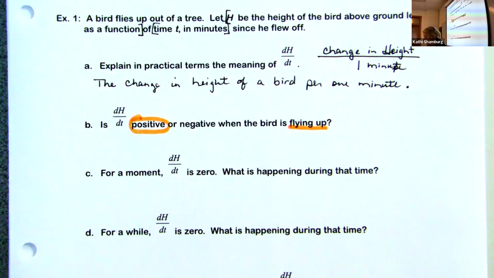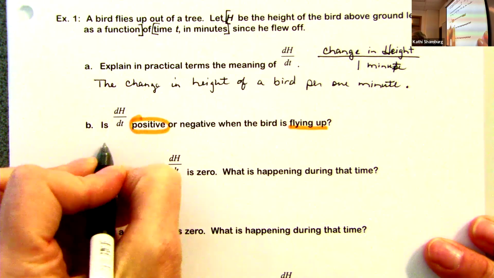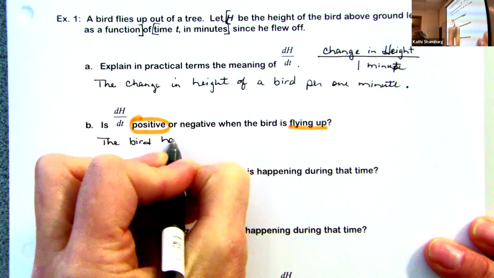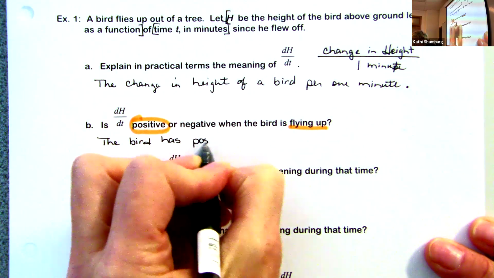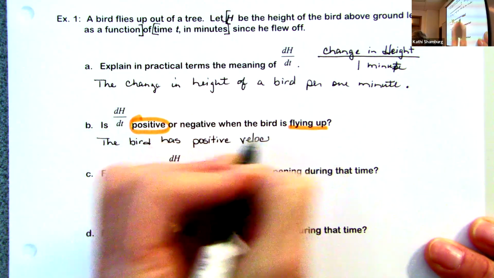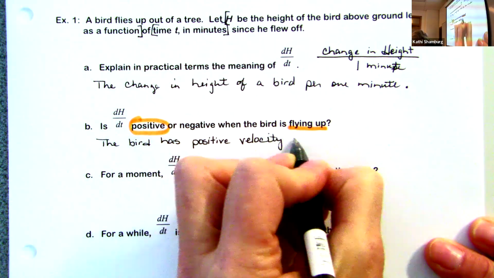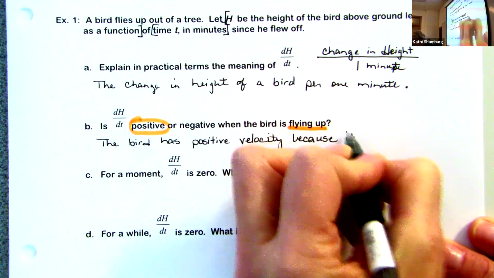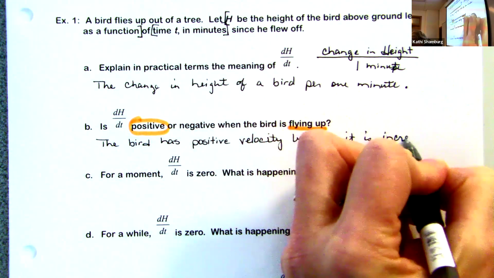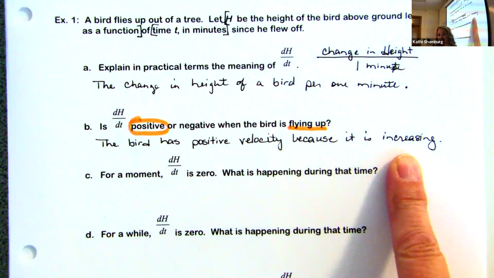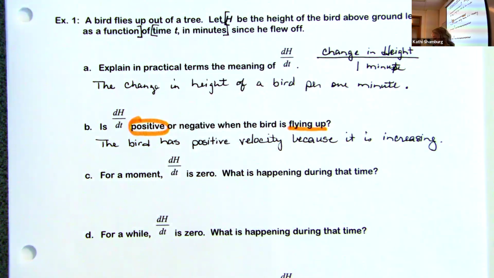So if I were to write that, I would say the bird has positive velocity because it is increasing. That's what upward would mean. So flying up represents increasing. So we would have positive.